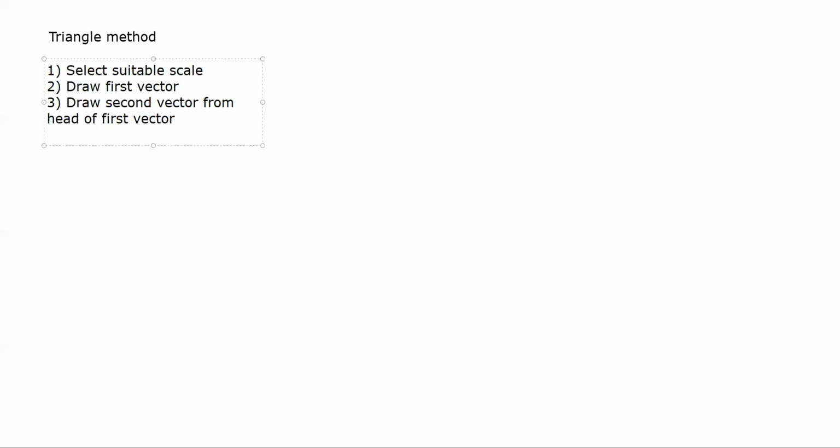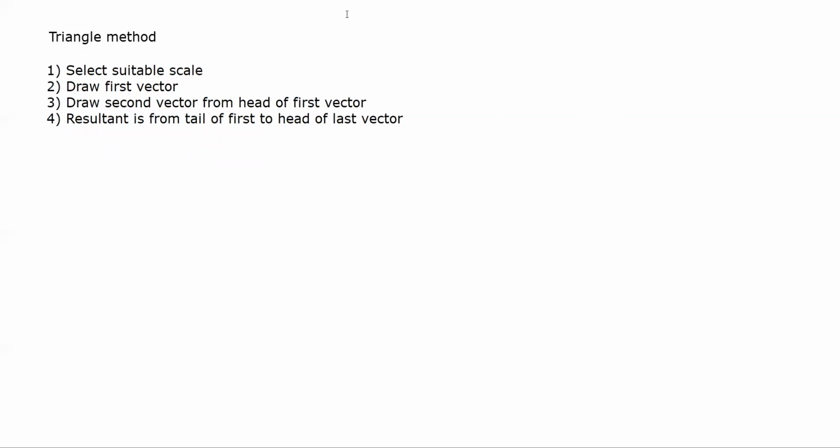The resultant is from the tail of the first to the head of the last vector. This is the triangle method.